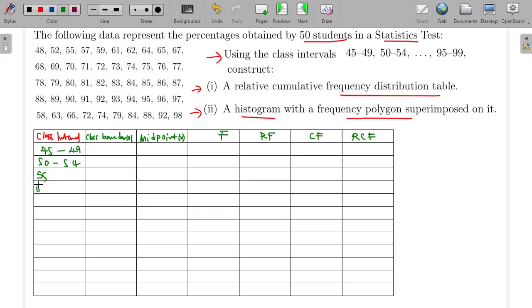In the next row, 60, here has to be 65, 70, 75, 80, 85, 90, and then 95. And this one for the 95 was the last, so 95 to 99.